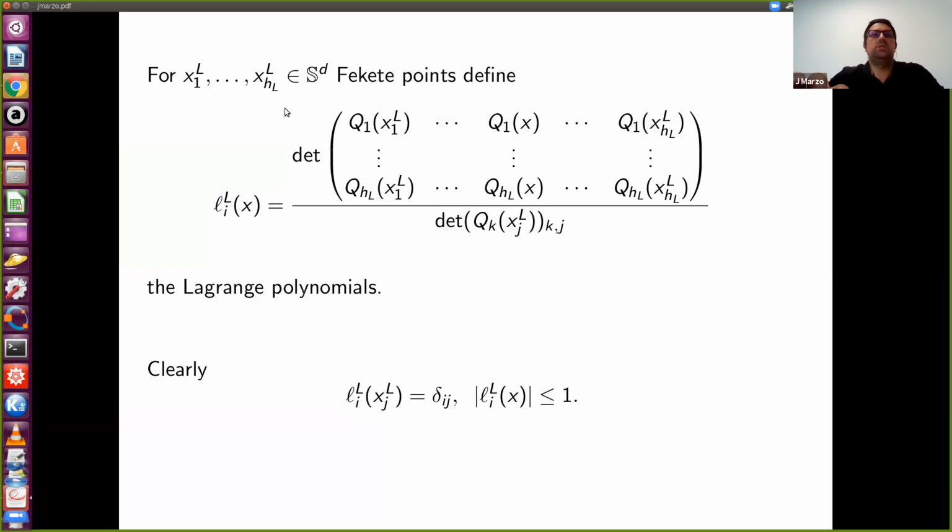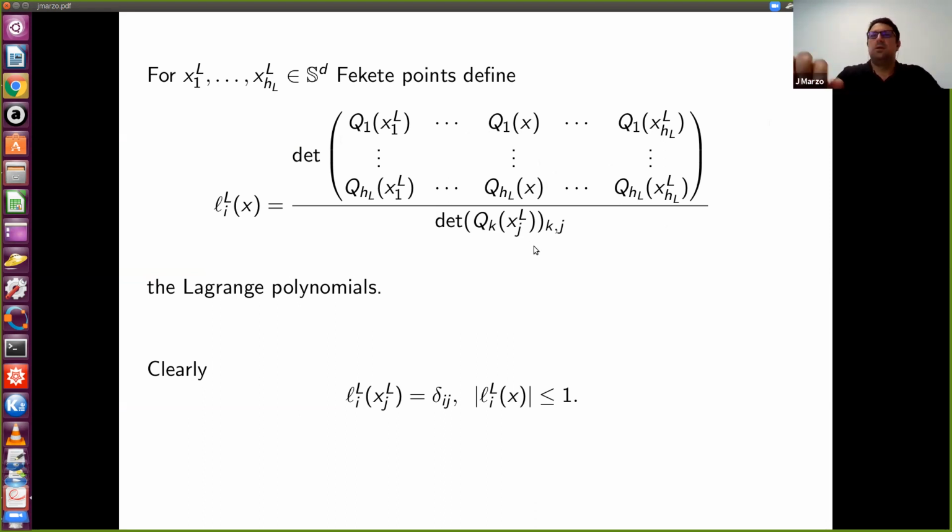It's very easy to see, because if you take absolute values here, we know this is the maximum value, and this is just a collection of points where you replace x_i by x. So at most you will get the maximum. So this is smaller in absolute value than this absolute value here. So this is bounded by 1.